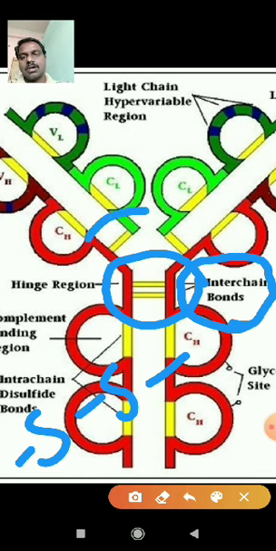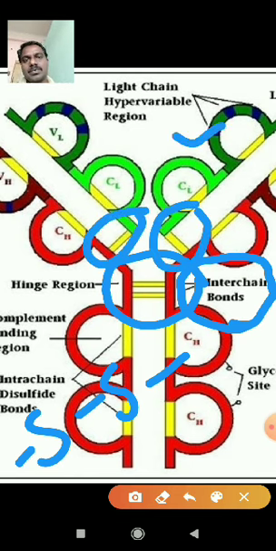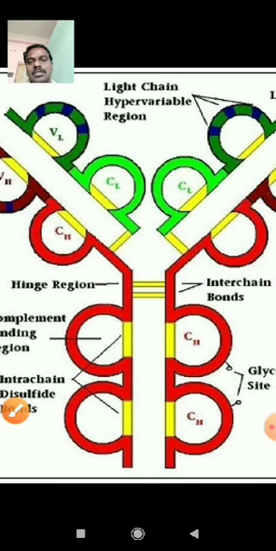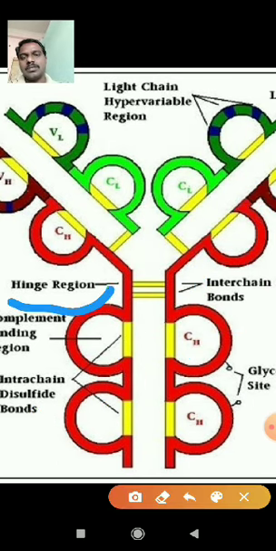This we call intra-chain bonds, because the light chain is present and the heavy chain is present. Between the light and heavy chain the intra bonds are present, but between the heavy chains the interchain bonds are present. This region we call the hinge region.